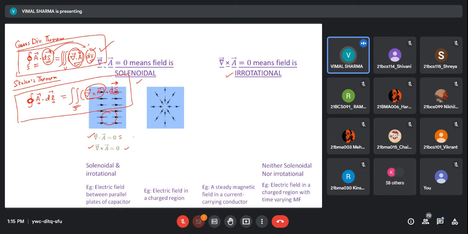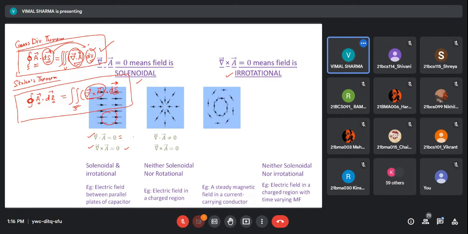Can you see any curl in this? Any rotation in this field? No, sir. Okay, so we can see that divergence is non-zero, and curl is zero, there is no rotation. So it is neither solenoidal nor rotational; it is an irrotational field.